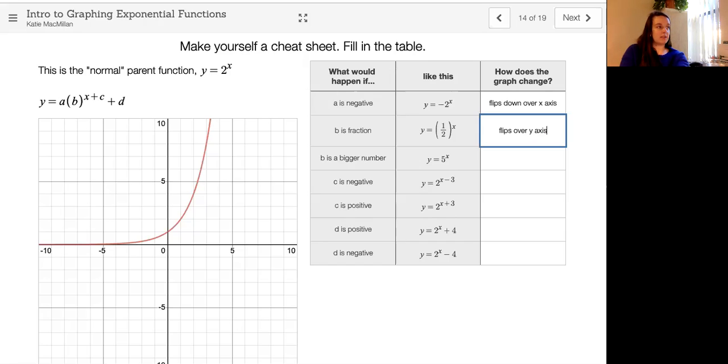If b is a bigger number, what happens? If it was like 5 to the power of x rather than 2 to the power of x, what would happen? It's like this nice, easy curve right now. What would happen if I made that number a 5 rather than a 2?